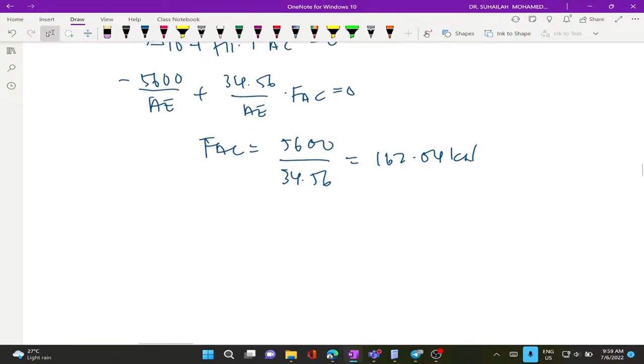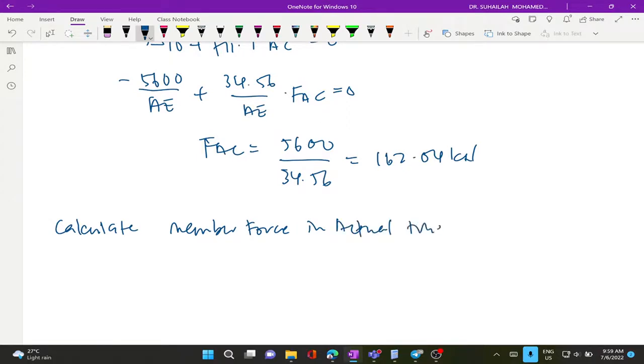Okay, so the last step is we want to calculate the member force in the actual truss.